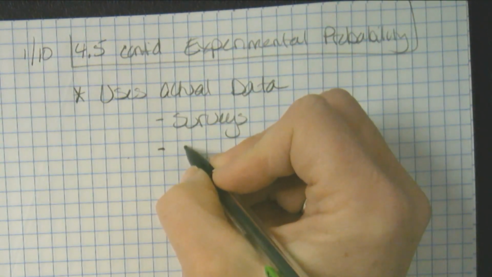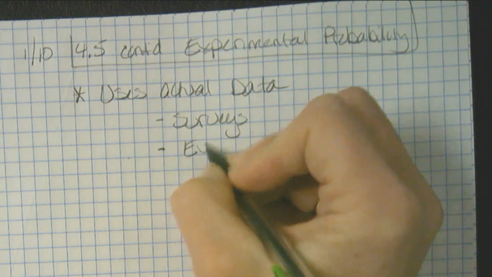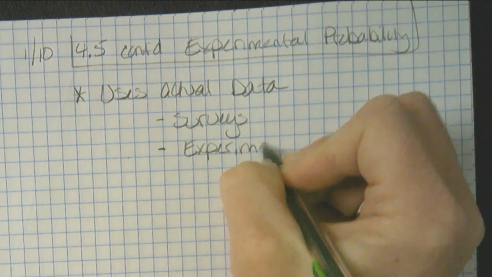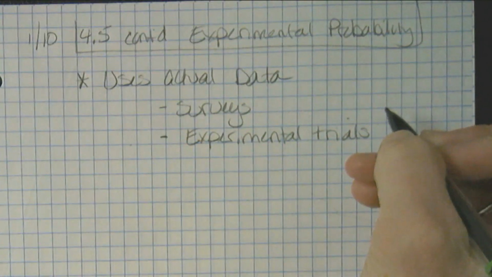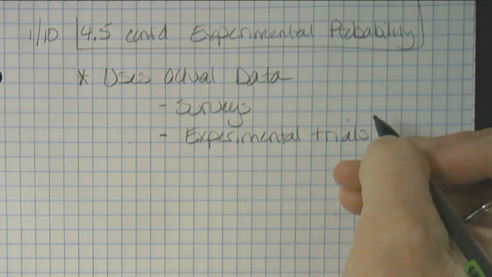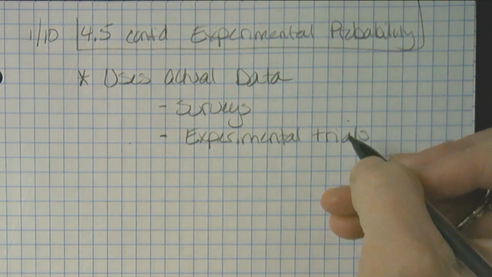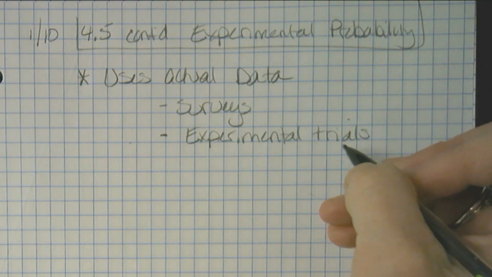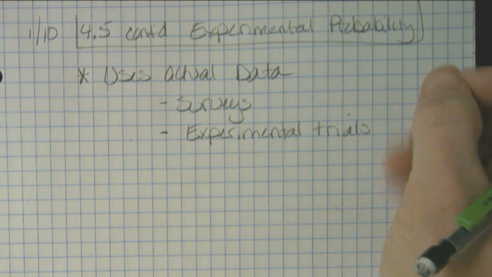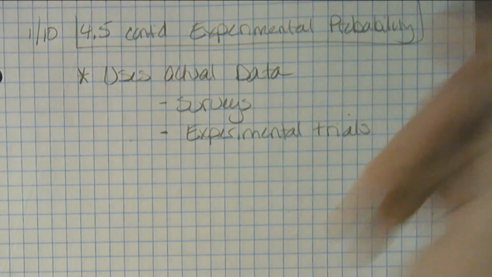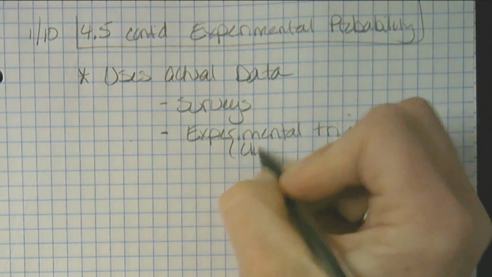It could be experimental trials. Like medicine trials, drug trials. All right, any drug that you have taken has gone through an experimental trial. A clinical trial is a lot of times what they're called.